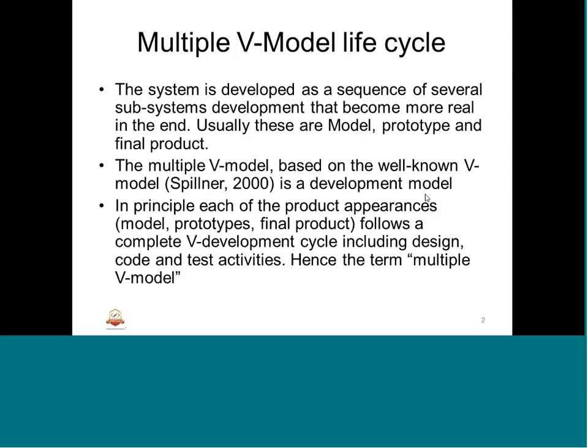So the essence of multiple V model is that different physical versions of the same system are developed. That means, take the example of a prototype. We might have prototype 1, 2, 3, etc. So these are different versions or different feature-wise products developed as prototypes, each one possessing the same required functionality in principle.